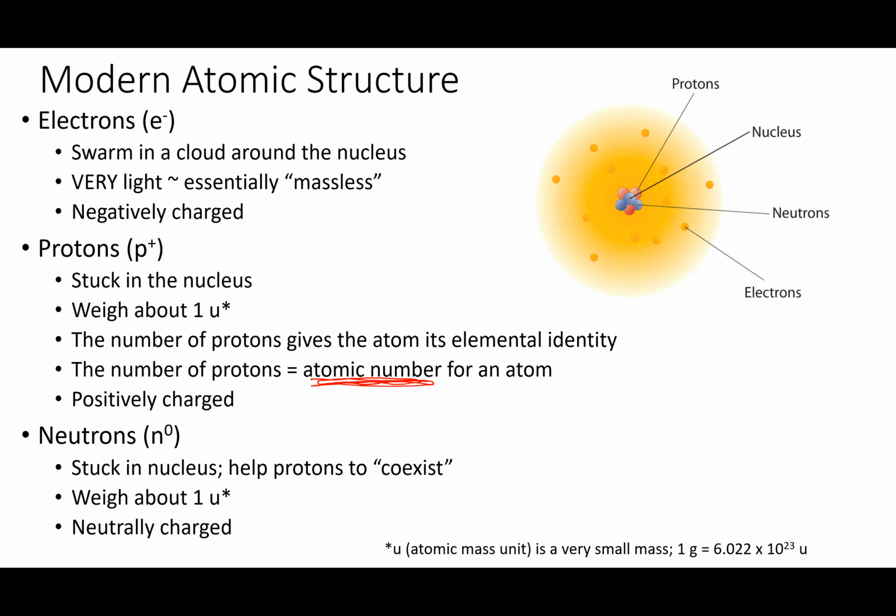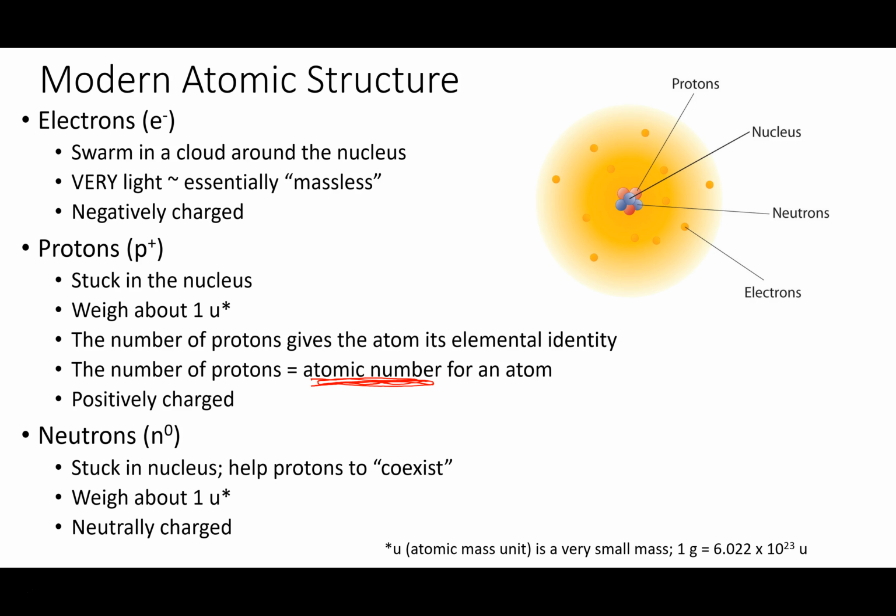Now, one of the things I didn't mention yet, but it's going to come up: electrons are negatively charged outside the nucleus, and protons are positively charged inside the nucleus. If we pick on silver, 47 protons, if the silver atom has no charge, then those 47 protons have to be counteracted by 47 electrons in the electron cloud, and they are.